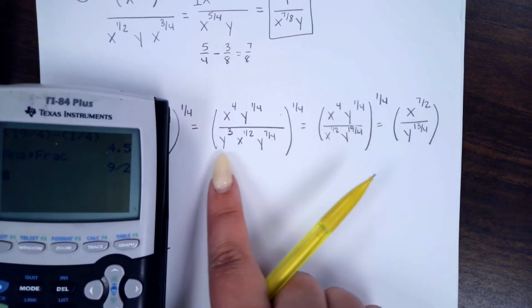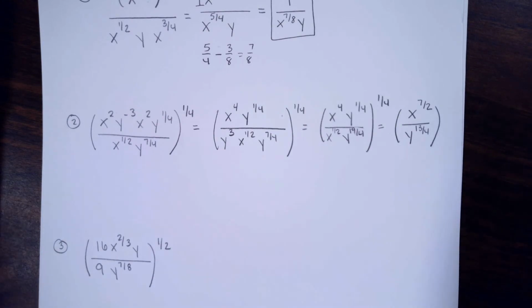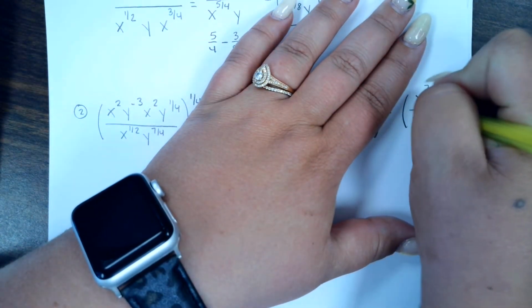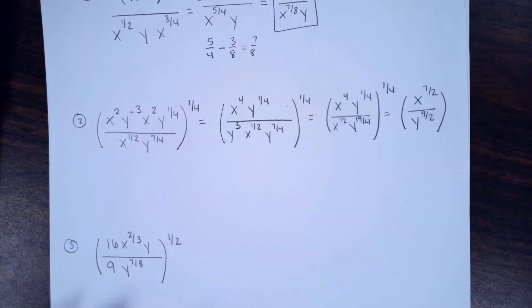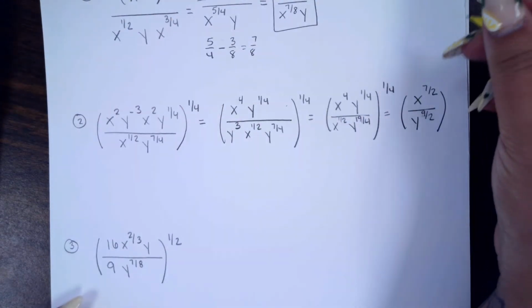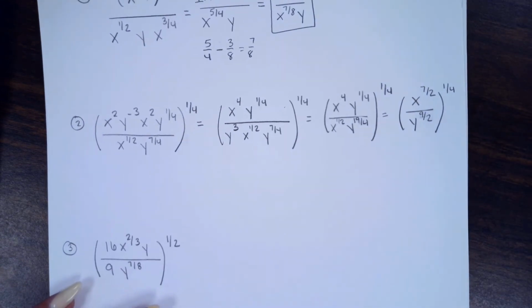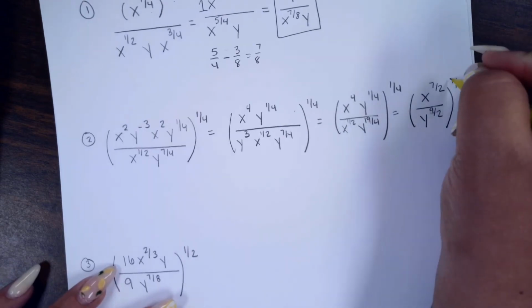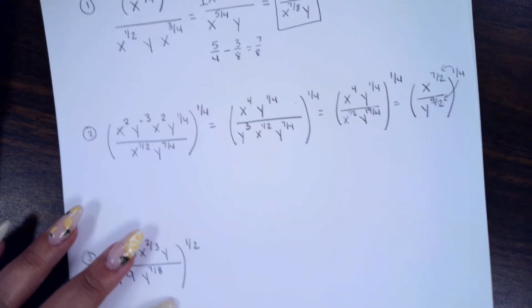So my mistake was here. I combined these incorrectly. We all make mistakes, right? So change this to 9/2, and all of that to the 1/4. Now that the inside is completely simplified, what I'm going to do is multiply this 1/4 on both of my exponents.